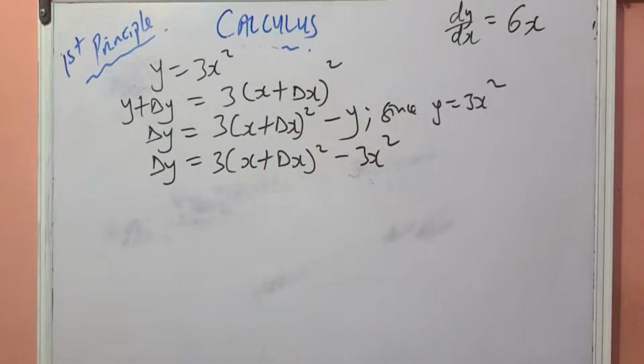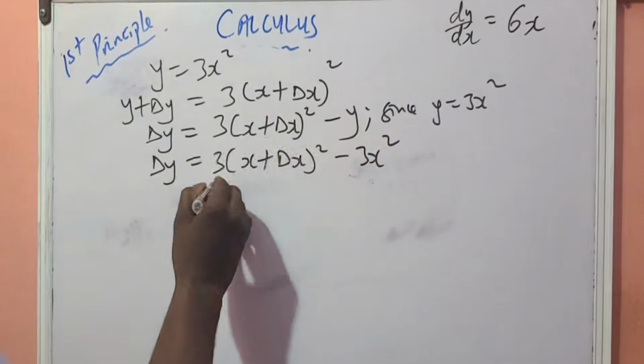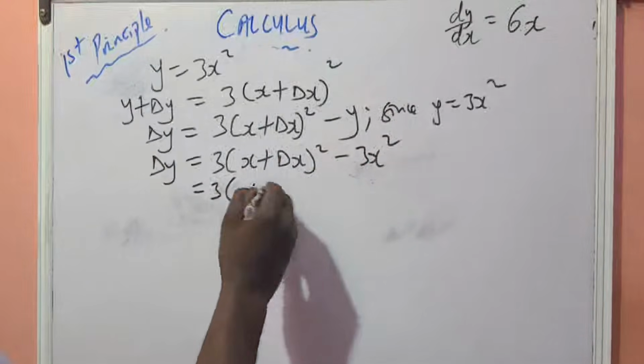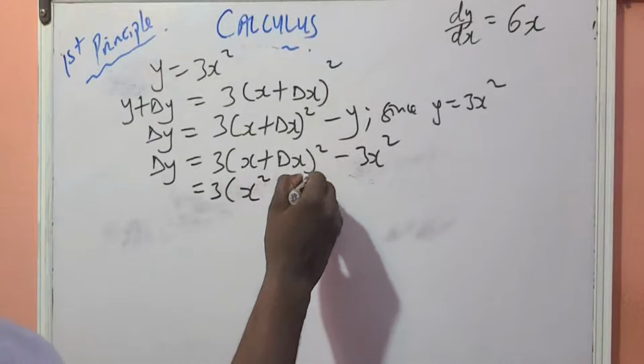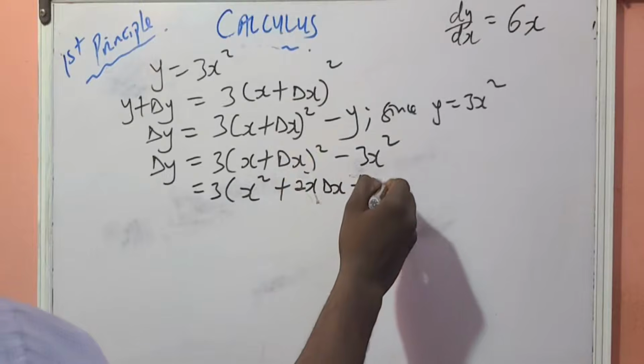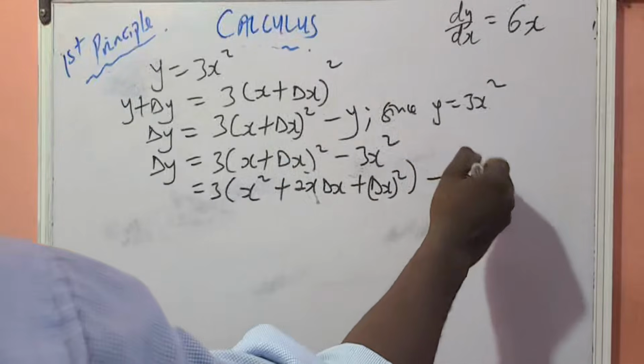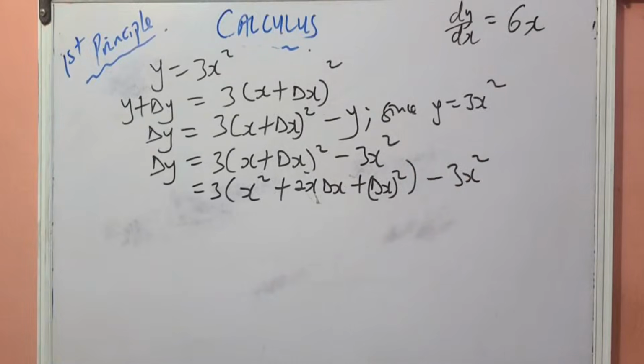Now, I can still go on to simplify further, and I can open this as 3 into bracket, we have x squared plus 2x dx plus dx squared, then minus 3x squared. Can you see the way I use my bracket very perfectly?